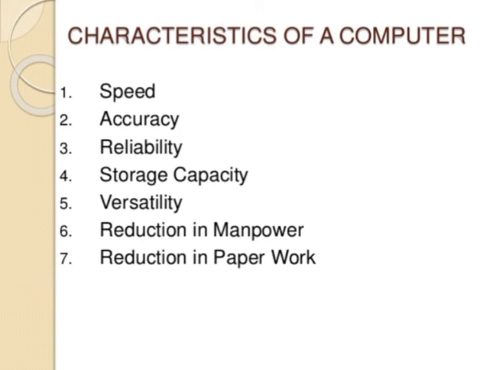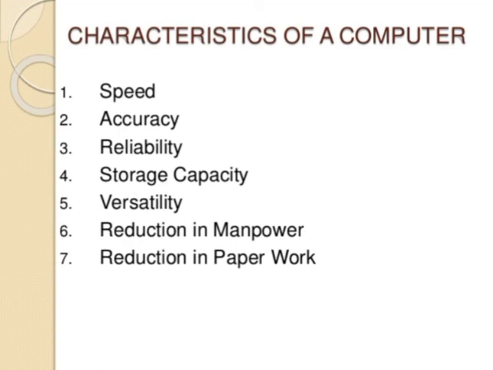What is the brain of the computer? CPU. And what is the mouth of a computer? Speaker, right? So this way, for learning purposes, you can compare the human body with a computer system. Now storage capacity, the same thing. Computer can store millions and trillions of information within its system.